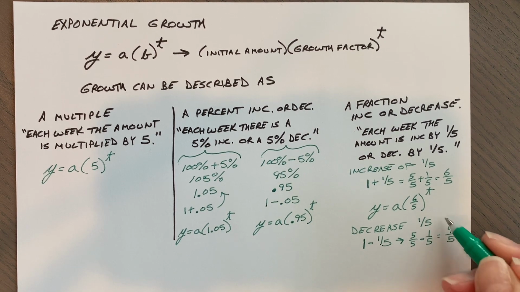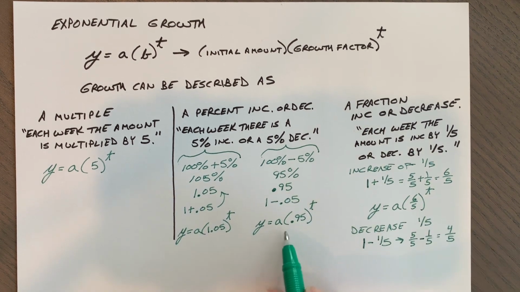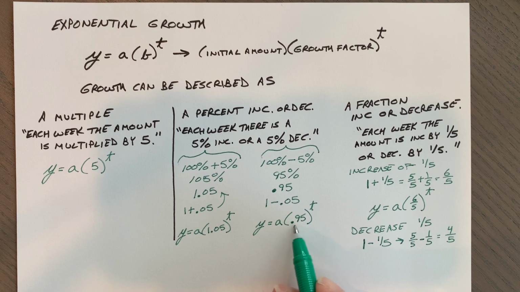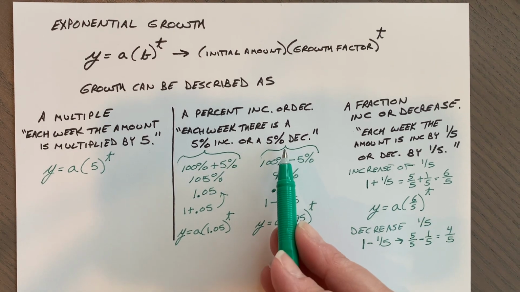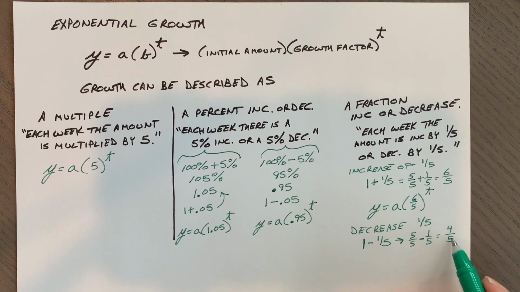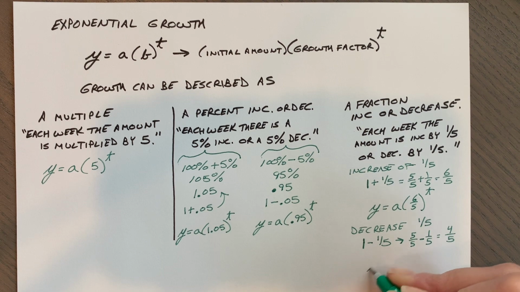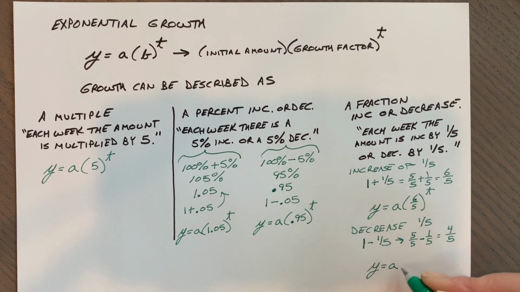If your growth factor is less than 1, that corresponds to a decrease, just like we saw here, where we had a growth factor that was less than 1 because we had a decrease. So here is our growth factor if we're seeing a decrease of 1/5. Our equation would look like y equals a times 4/5 raised to the t.